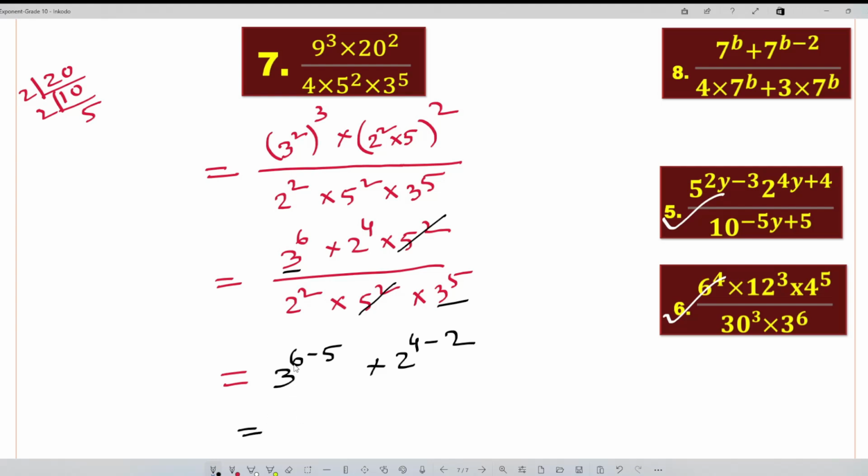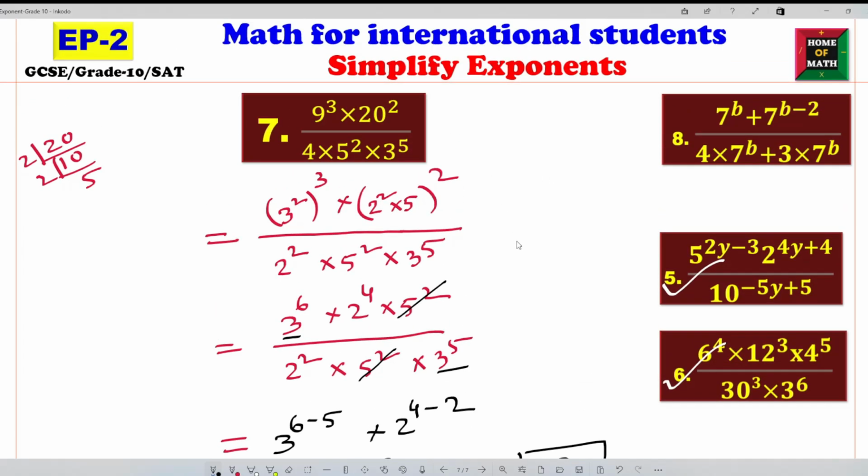And here 6 minus 5 means 1. 3 to the power 1 means only 3 times 2 to the power 2. 4 minus 2 means 2. Look, 2 square means 4. 4 times 3 means 12. So our answer is 12. Okay. This is very easy math, but in examinations it will be very important, right?